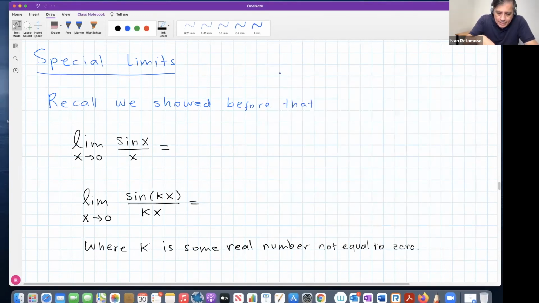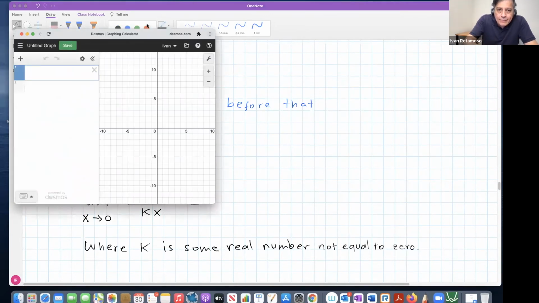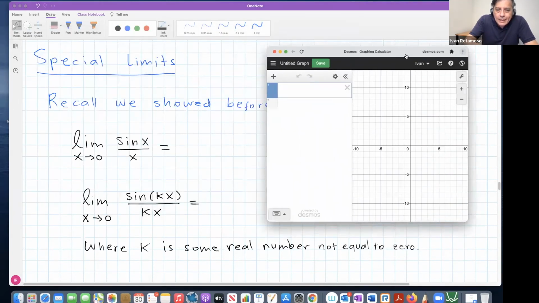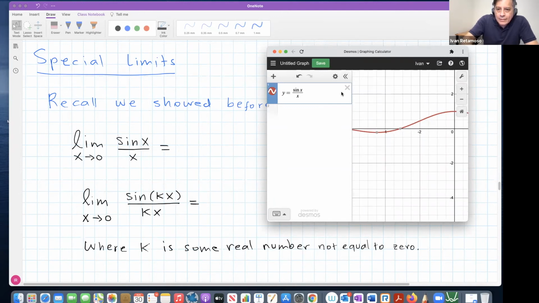Let me see the graph. Let's graph the function y equals sine of x over x. Look at this, guys. Let's make it bigger.